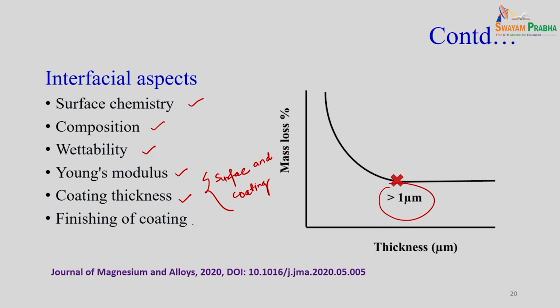And apart from the coating, the final finishing of the material can lead to the formation of local pores which penetrate throughout the coating and the surface. So, these are the few aspects particularly related to the degradation or corrosion behavior of the surfaces.